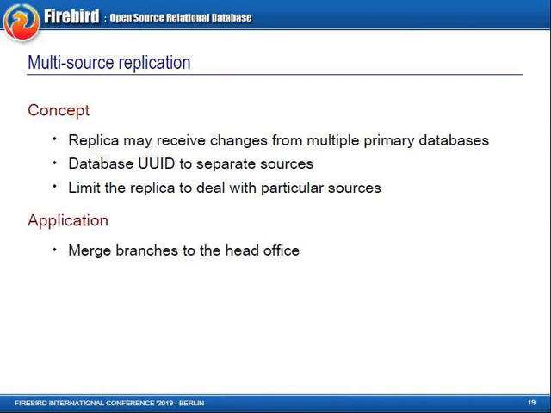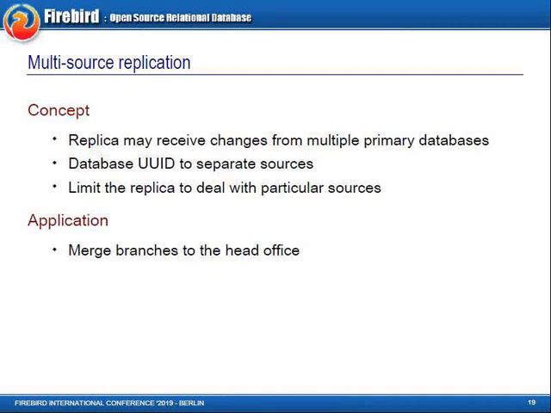All the journal files keep the same identifier inside every journal file. So if you have one directory with journals intermixed from different sources, Firebird is able to parse them properly and detect how many incoming streams there are, and apply changes from these sources independently.